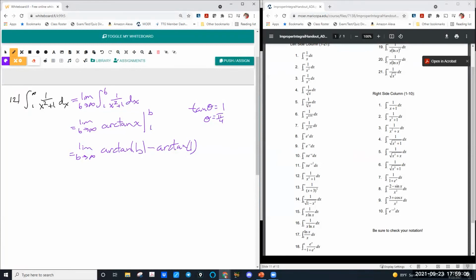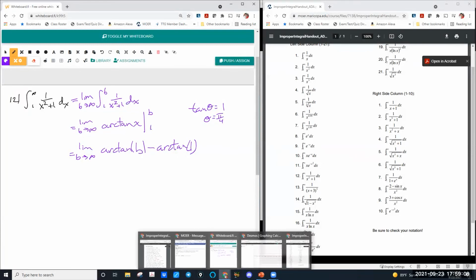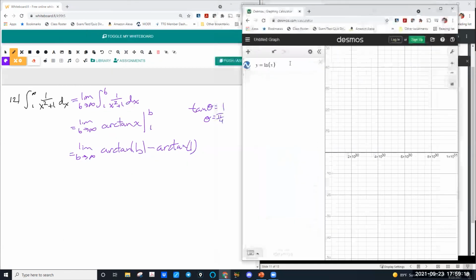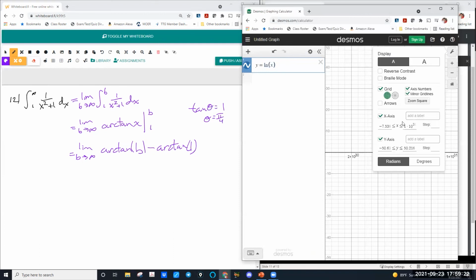So arctan of 1 is pi over 4. Now, again, you're not going to have to remember a whole bunch of trig for this class, but it does come up, and I just want you to see how you can find this stuff. Let's graph arctan. And let's get back into a normal window.